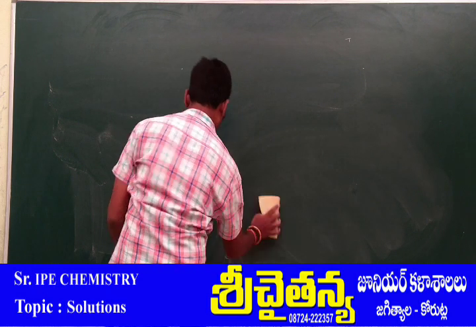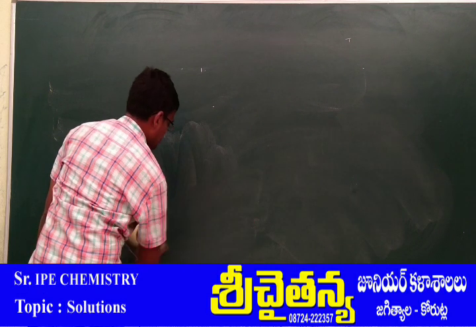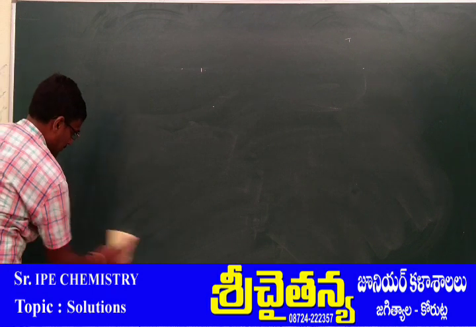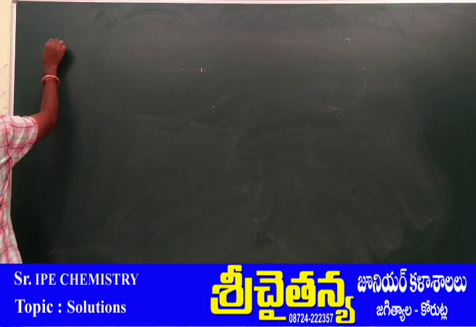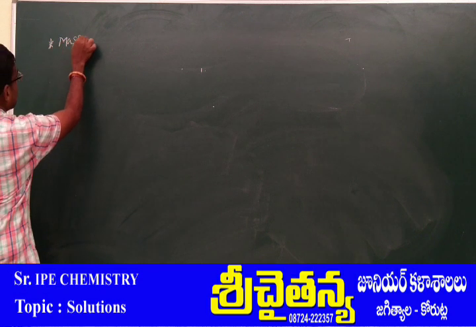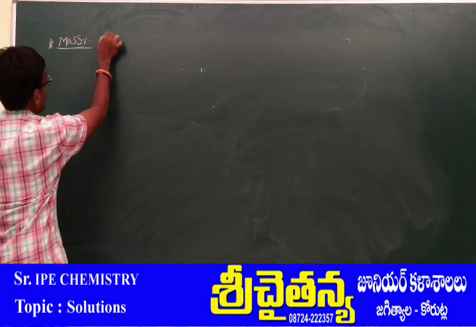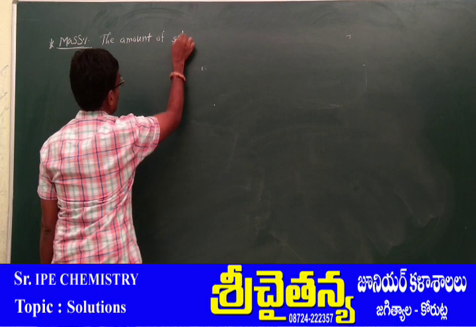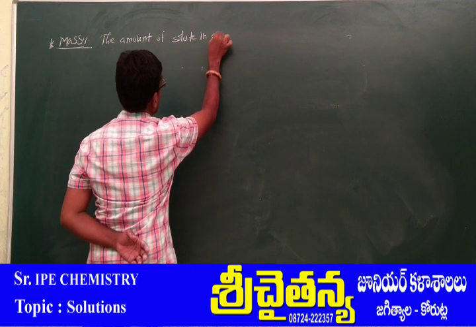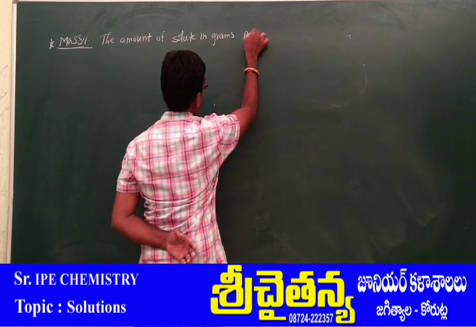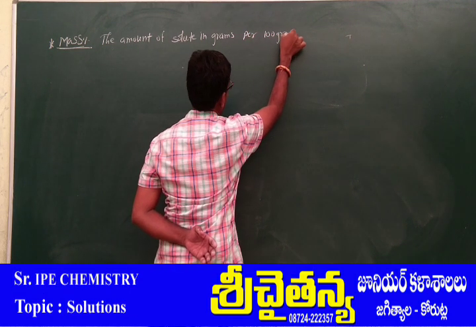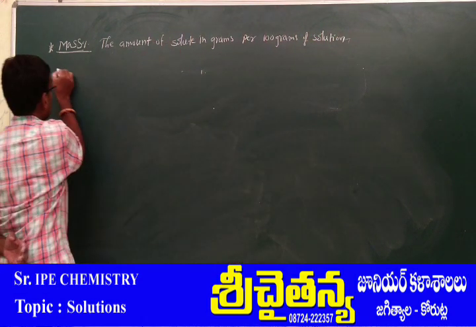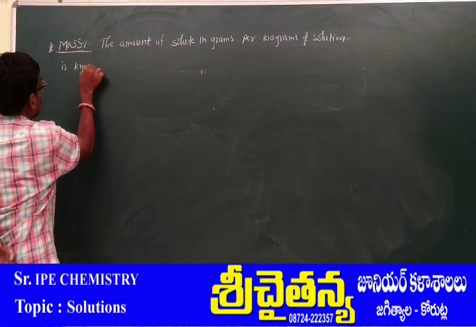The definition: the amount of solute in grams per 100 grams of solution is known as mass percent.